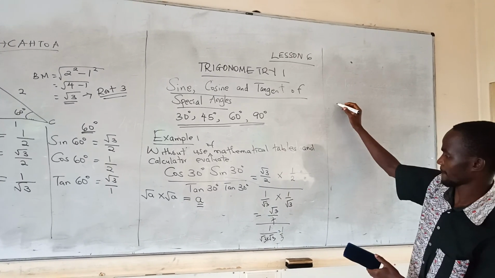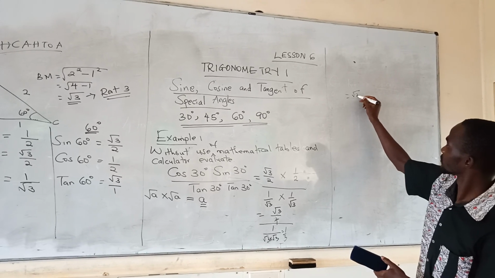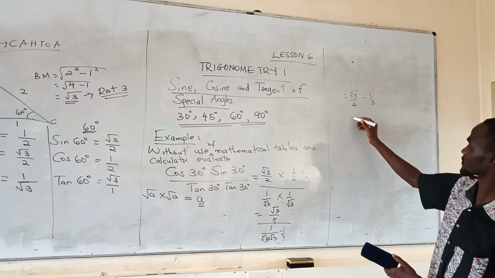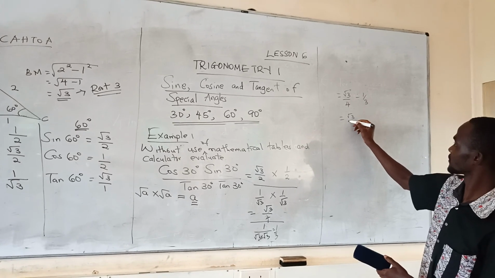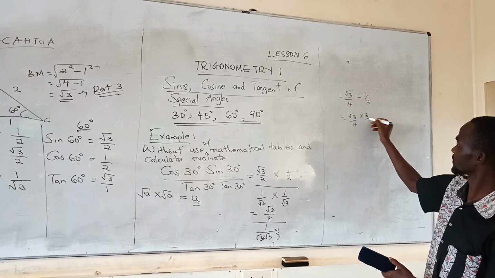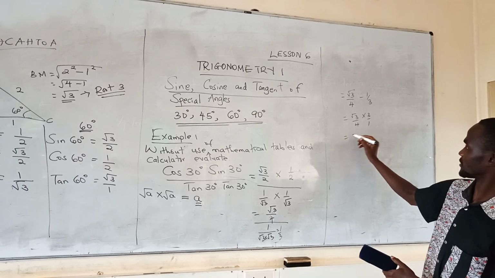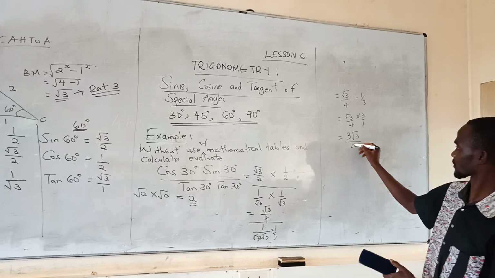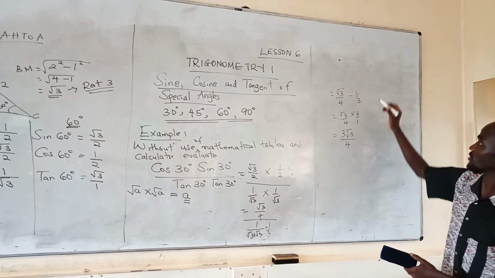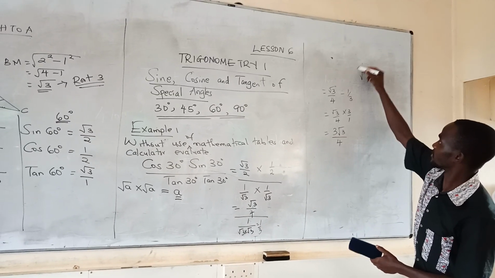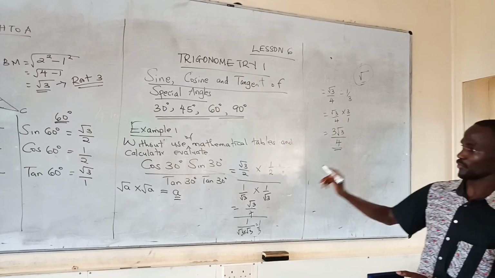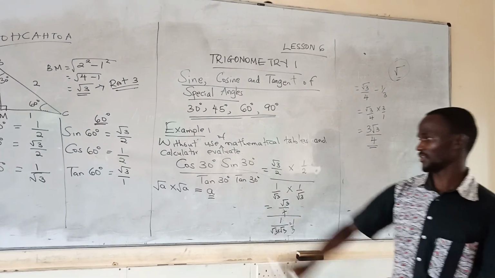So we have root 3 over 4 divided by 1 over 3, which is root 3 over 4 times 3 over 1. Just leave your answer in this form, in the form of the root sign. So this will be the value of this.